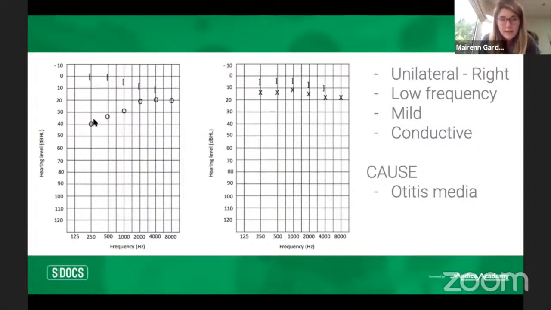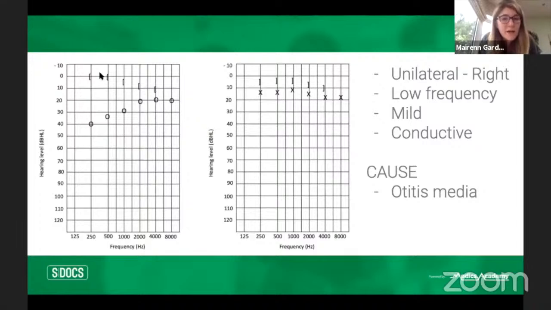In order to understand whether a patient has conductive or sensory neural hearing loss, you need to look at the difference between the air and bone conduction. As I was explaining in part 1 of this video, in conductive hearing loss, bone conduction will be better than air conduction because they've got a problem with their outer or middle ear.